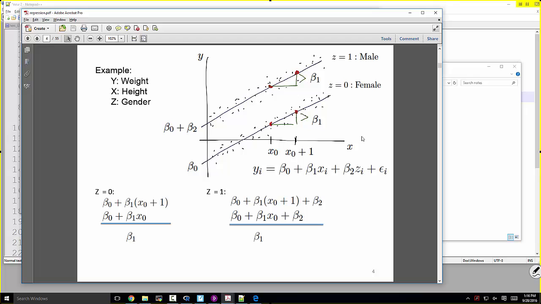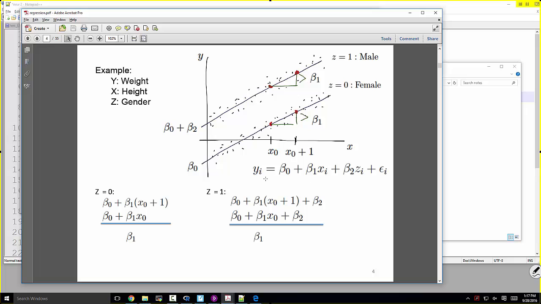So this slide is about y and x, and now we want to start incorporating additional predictor variables or covariates. Here I have weight and height, just like before, but now we're going to include a term for gender. The model looks like this.